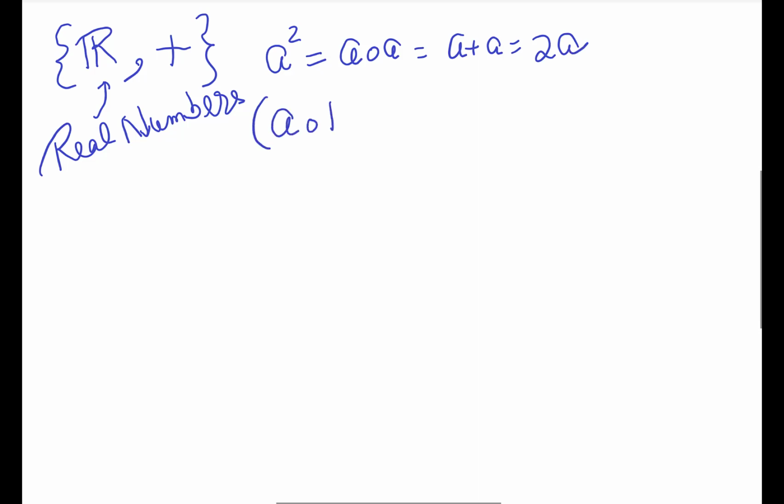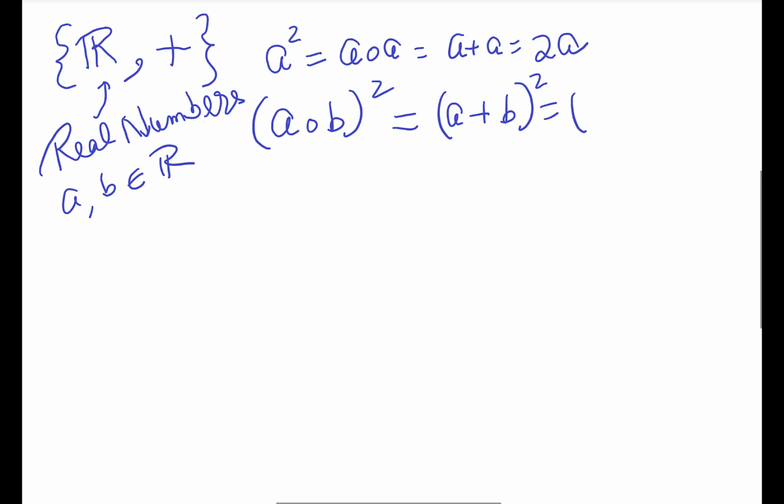Say I have (a o b) square, and here a and b are real numbers. We should write that down. So what that means is (a plus b) plus (a plus b), right?